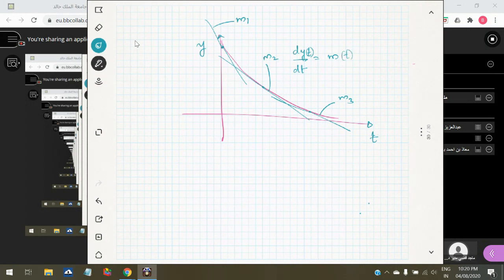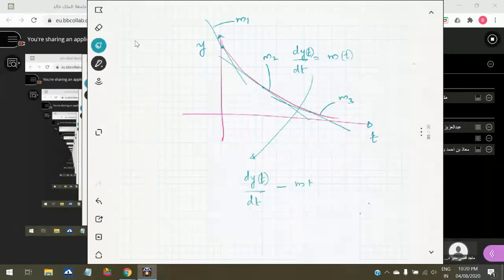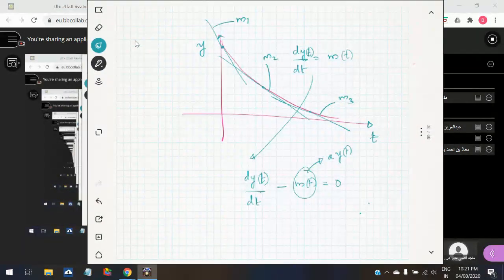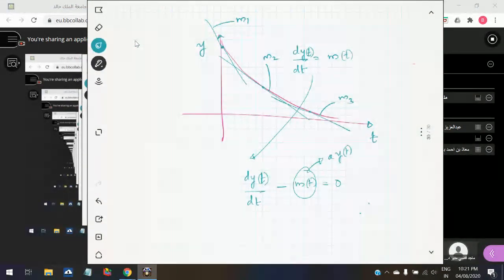So you get an equation relating to the slope: dy(t)/dt minus m(t) is equal to 0. Somehow you can write this m(t) in terms of something like a into y(t). In some cases it is not possible, in some cases it is possible.